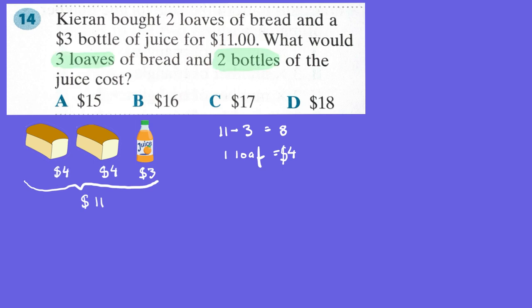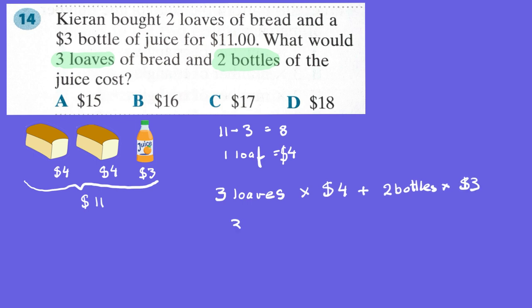So now that we know what the loaves cost and what the juice costs, what would 3 loaves of bread and 2 bottles of juice cost? So 3 loaves, each one at $4, so 3 loaves times $4, plus 2 bottles, which are $3 each.